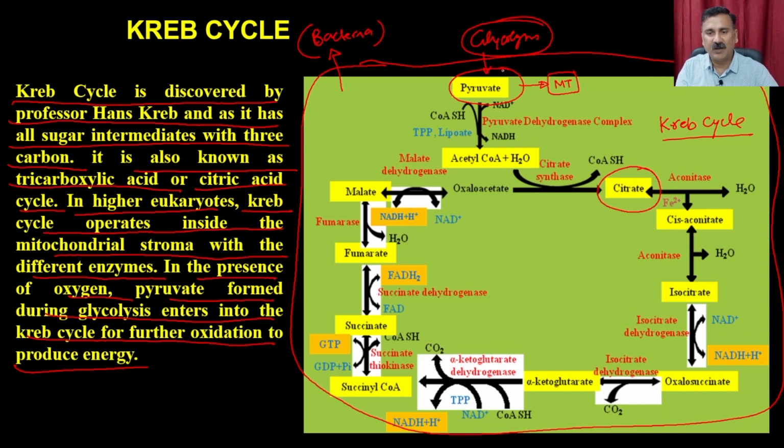First, the pyruvate will enter into the mitochondria, and then it is going to be utilized by an enzyme called the pyruvate dehydrogenase complex. The pyruvate dehydrogenase complex is a multimeric enzyme complex, and it is going to catalyze multiple reactions, and that's how it will convert the pyruvate into acetyl CoA.